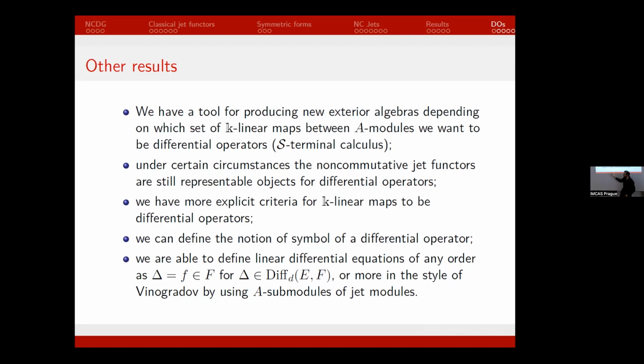If I want delta of e to be equal to F, then that's a solution. In the Vinogradov approach, it will be an e such that the prolongation of e, which is inside the n-jet in general, is also inside the submodule, then it is a solution for this approach.